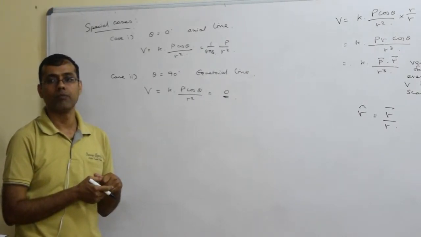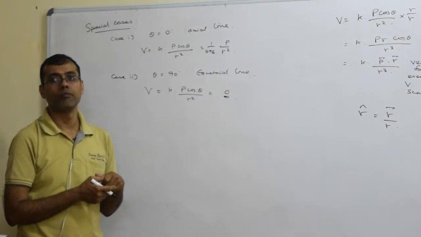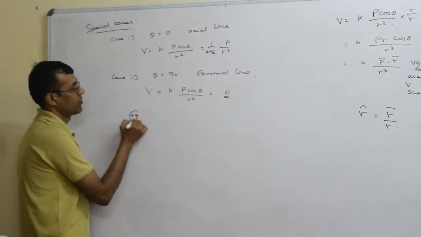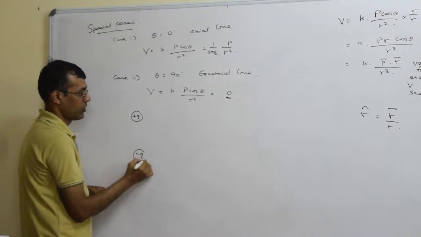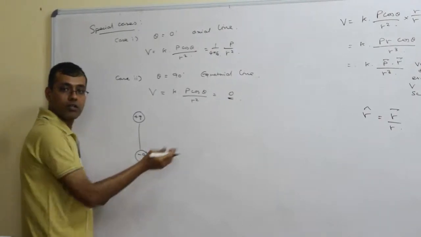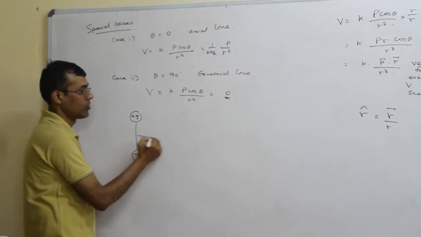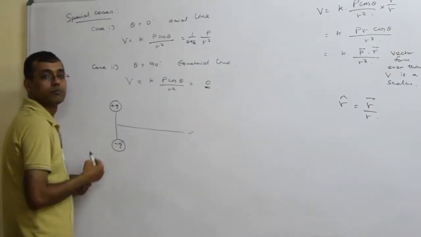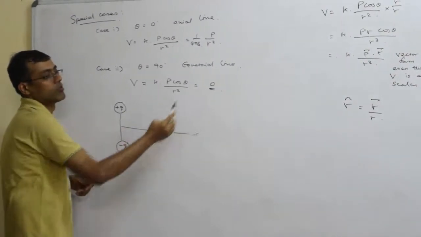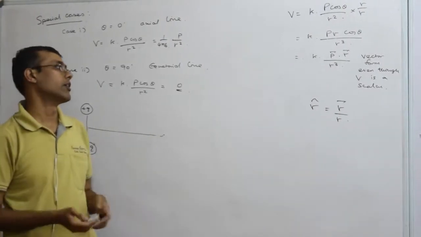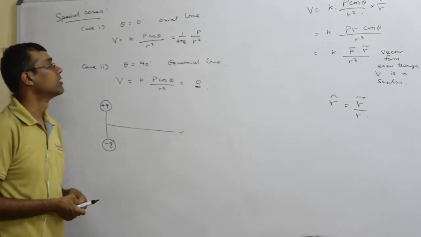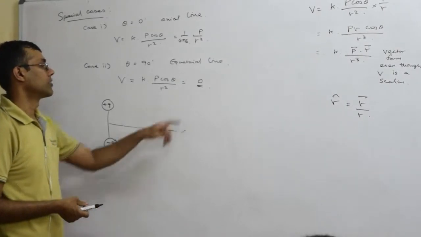Why? For the plus Q, you have to do some hard work. For the minus Q, you don't have to do any. The system will itself work. So both are getting cancelled out, which means the work done is 0. Okay, that's the meaning of this. Again, it's a little bit of an ideal situation, but in reality there will be some extra work. That's the physical meaning.